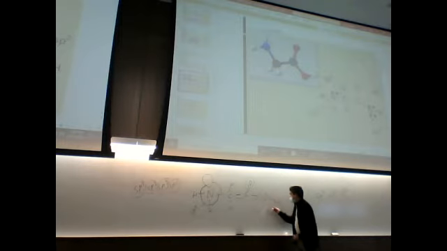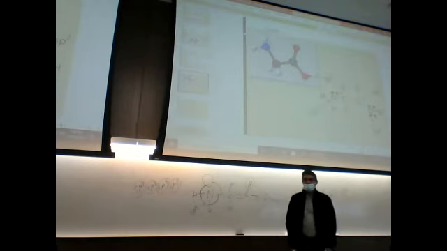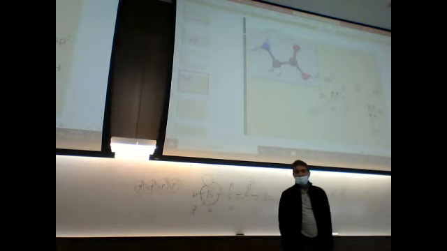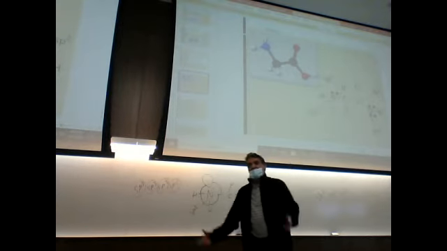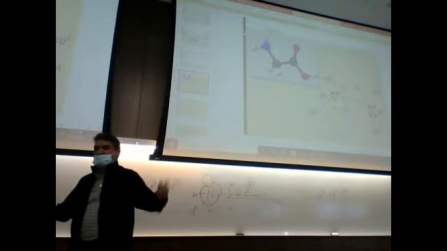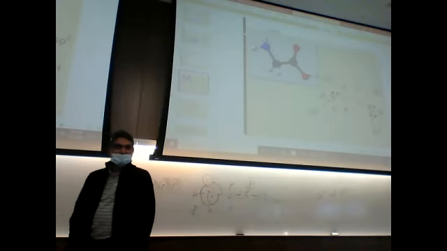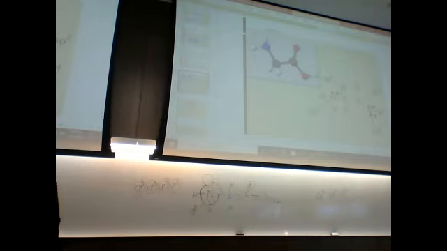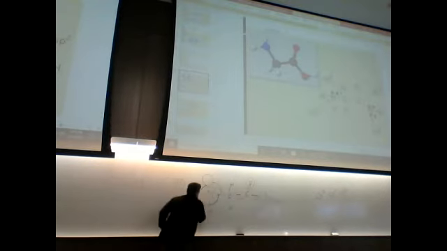Why? Because there are 2 lone pairs and they push the bond pairs closer, and maybe it's about 104.5. Everybody got that? It's that simple. Hybridization is not that hard. How it comes from the mathematics, I don't know, but just to memorize and take the exam, it's not hard. Everybody got that? Good.